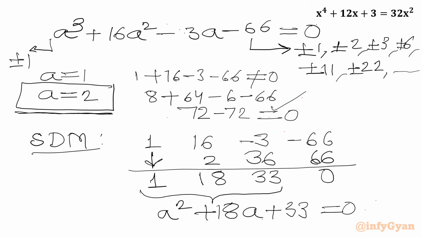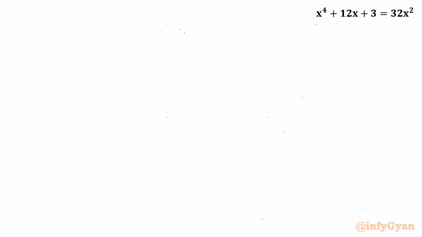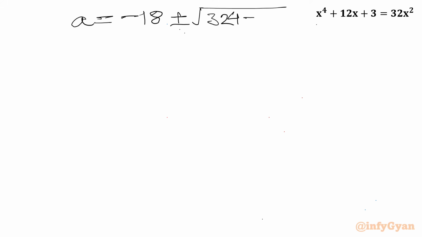Now I will solve this quadratic first. Using the quadratic formula, a equal to minus b, so minus 18 plus minus square root of 18 square, so 324 minus 4ac, so it will give us 132, divided by 2a.